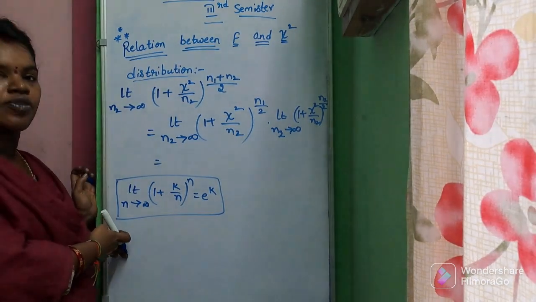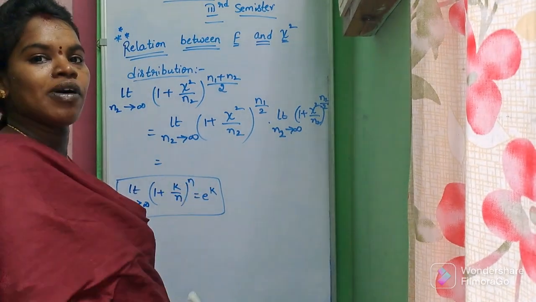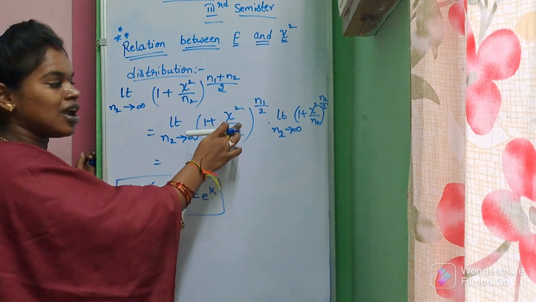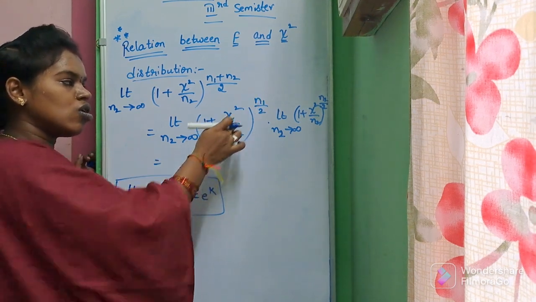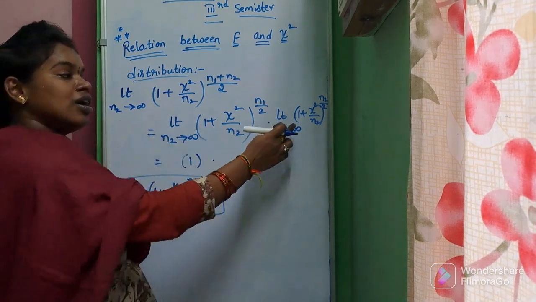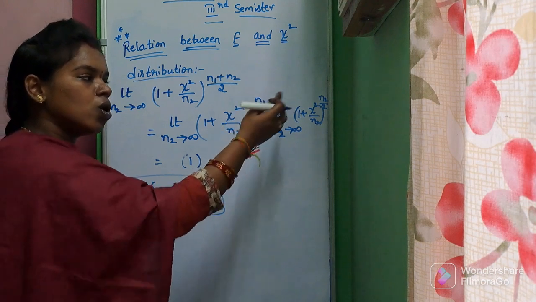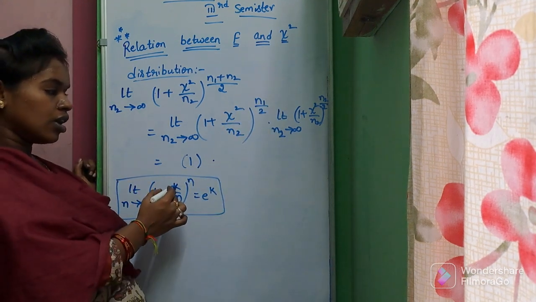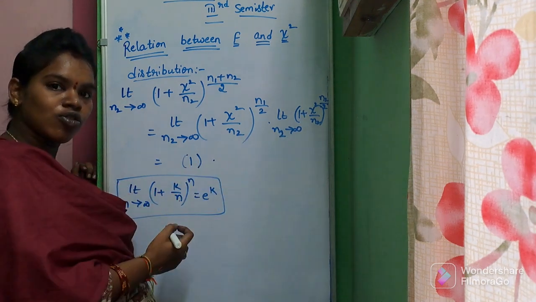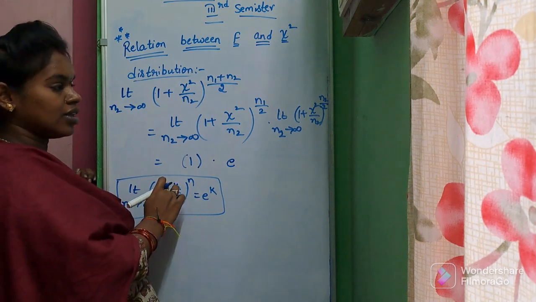Here we have the third formula, limit n tends to infinity 1 plus k by n whole power n equals e power k. We can write here n1 and n2. These two are different. The first equals 1 into this. Here limit n2 tends to infinity 1 plus chi square by n2 whole to the power n2 by 2, chi square is k, and in place of n we have n2. So we can write it as e power k.